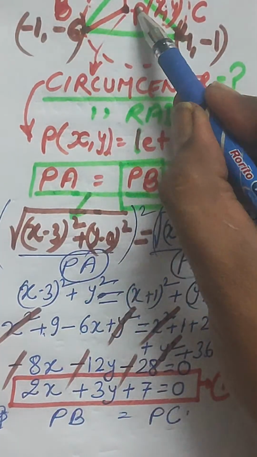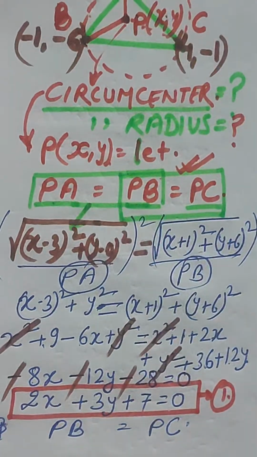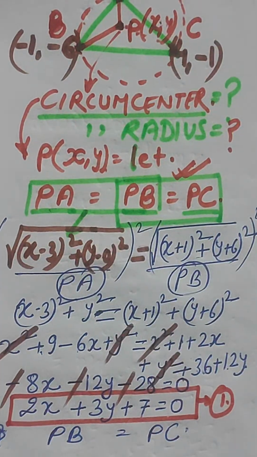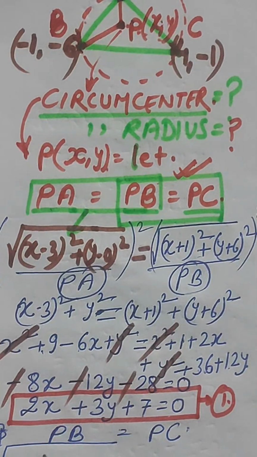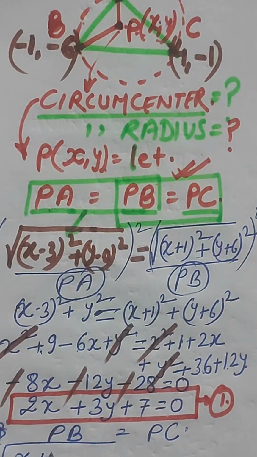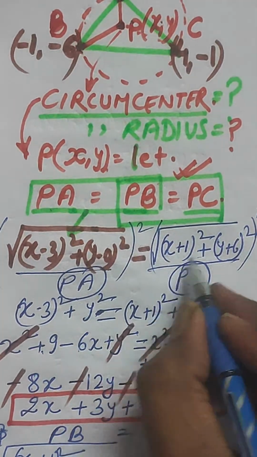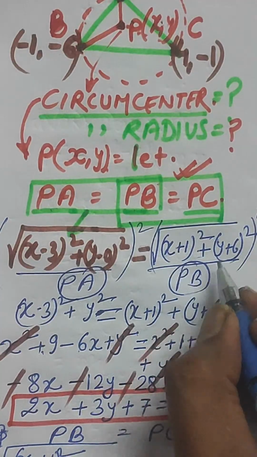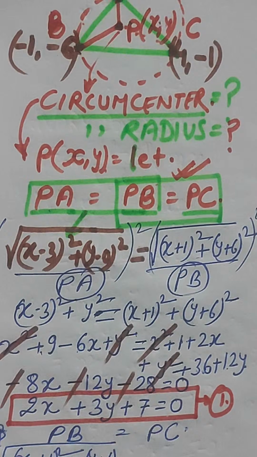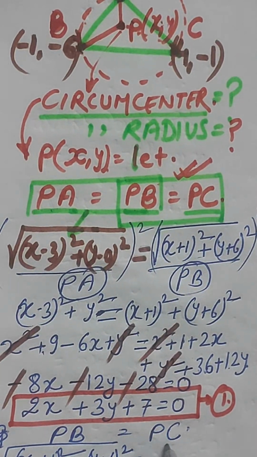You can see from P to B, this is also the radius. So PB using the distance formula is root over of x minus minus 1, so that will be (x plus 1) whole squared. The same will repeat over here because this is the PB. So (x plus 1) whole squared plus (y plus 6) whole squared is equal to PC.